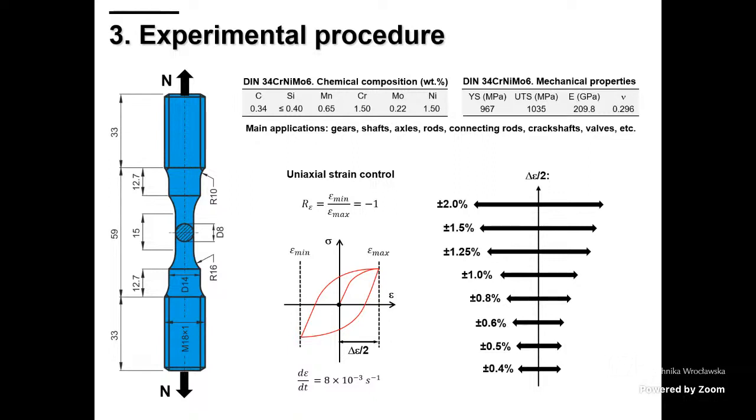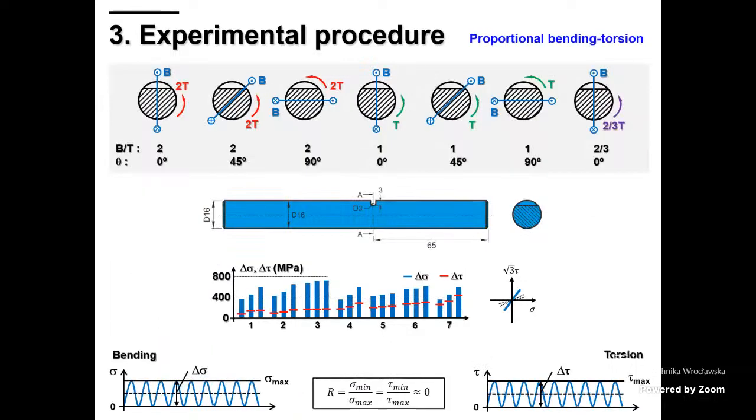The selected material was a high strength steel, 34CrNiMo6, and here you can see some mechanical properties. In a second stage, we performed a number of multi-axial fatigue tests under proportional bending-torsion.